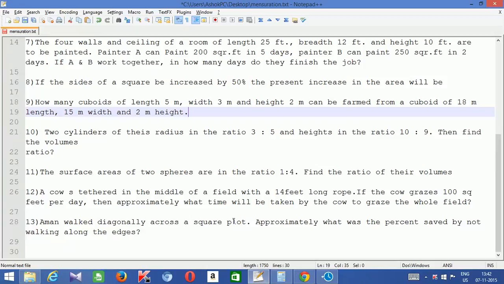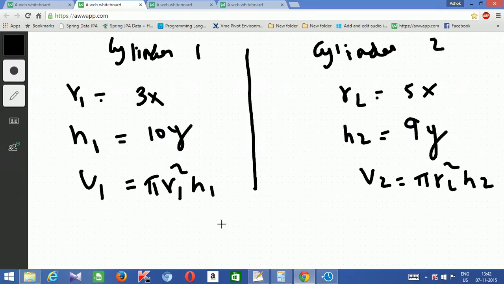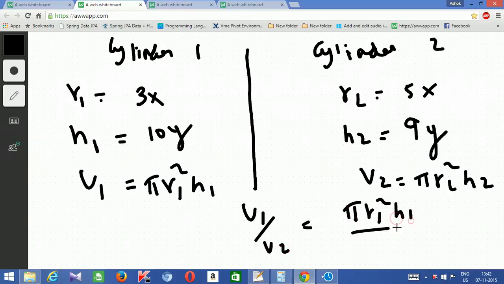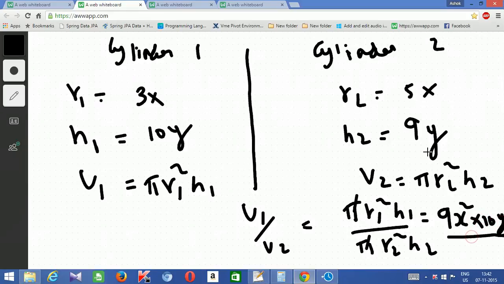So pi r1 square h1 divided by pi r2 square h2, and pi will get cancelled. r1 square is 9x square, h1 is 10y, divided by r2 square, which is 25x square, and h2, which is 9y.